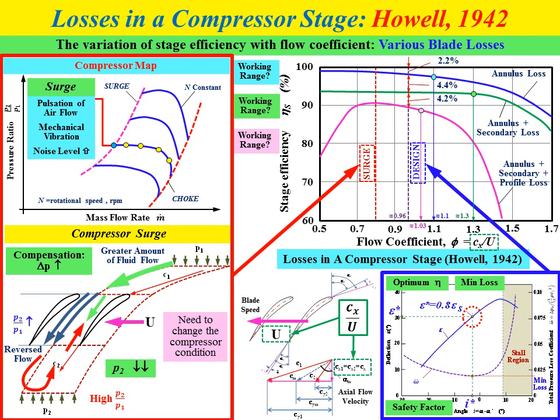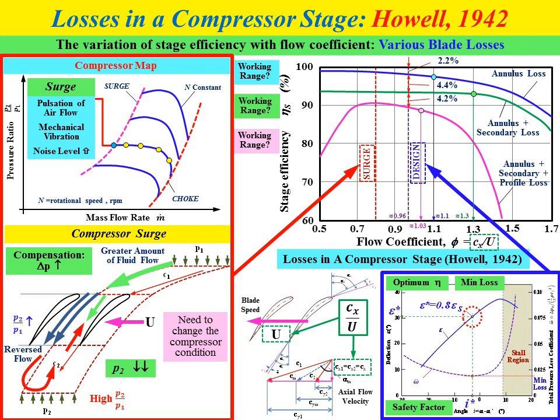Okay, so further, when we consider more types of losses such as annulus plus secondary losses, we will have what we call the second result for stage efficiency, represented by the green color line, and we will have an additional reduction of stage efficiency of around 4.4%.